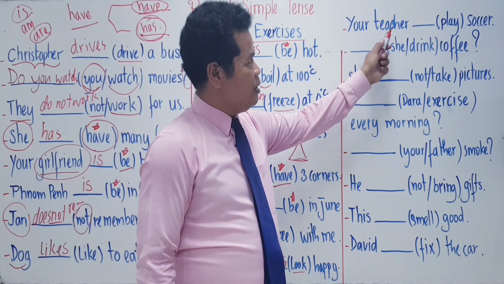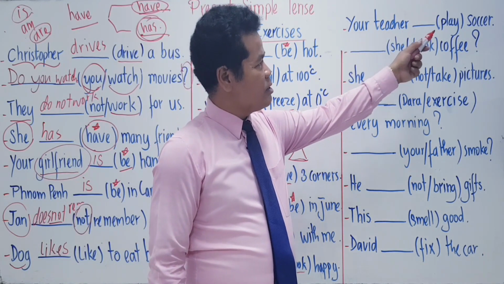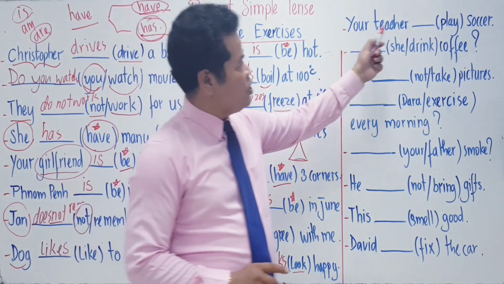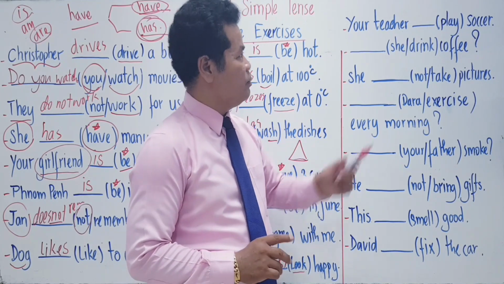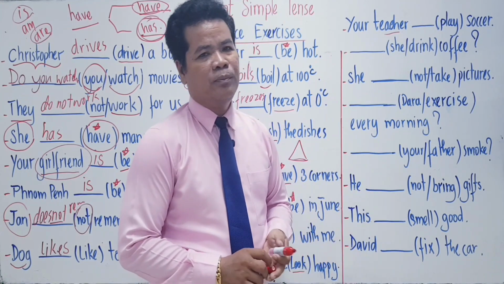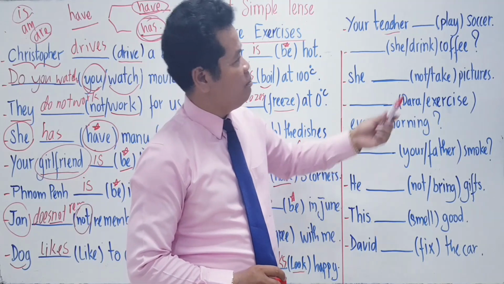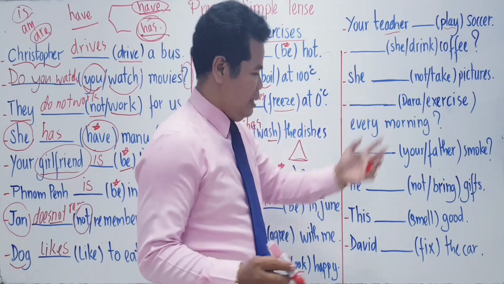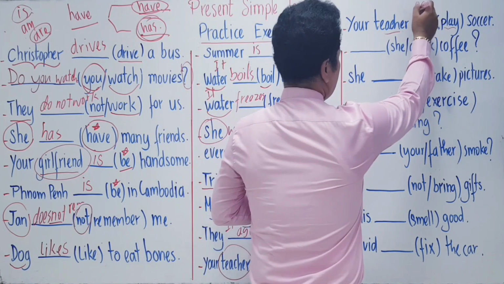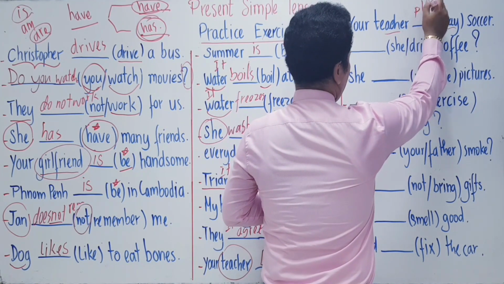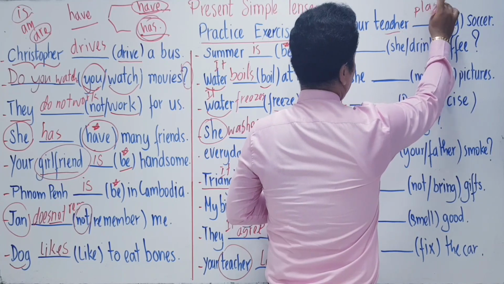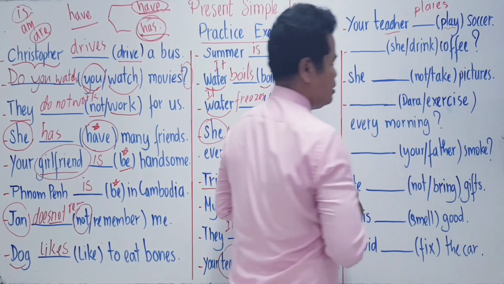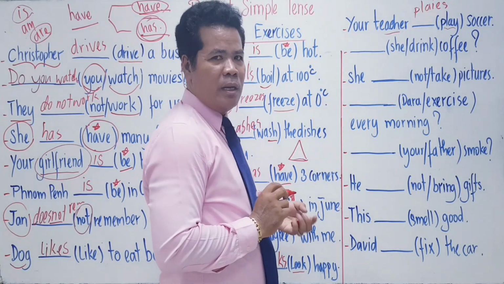Your teacher play soccer. Your teacher plays soccer, again. Where's the subject? Your teacher. Where is the verb? Play. So what do I use now? Can I use your teacher play? Like this. Can I? We cannot.